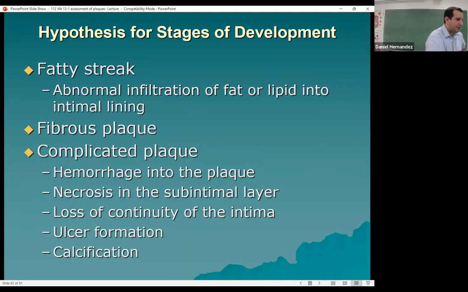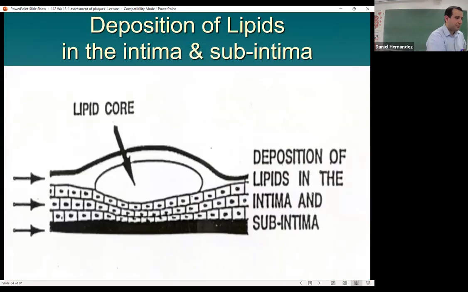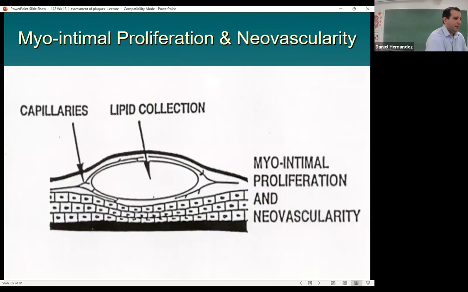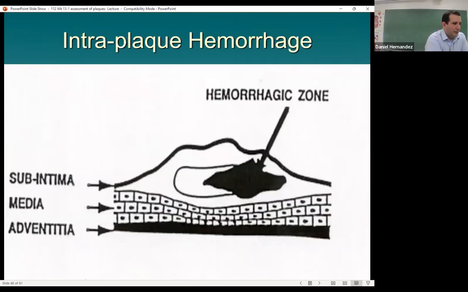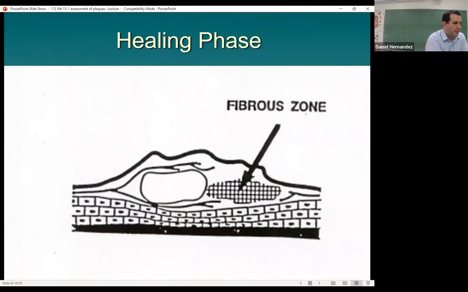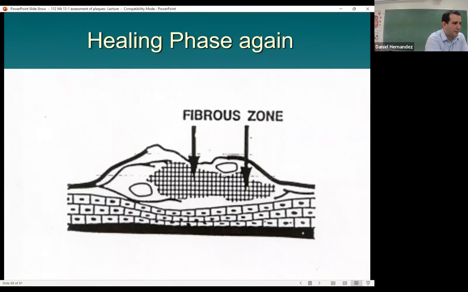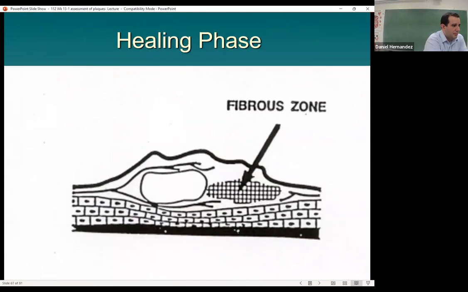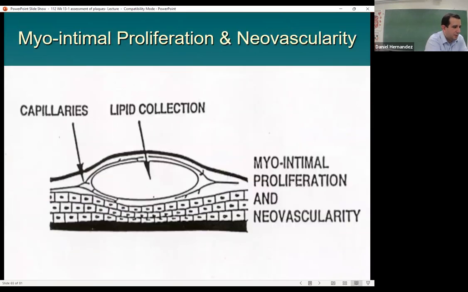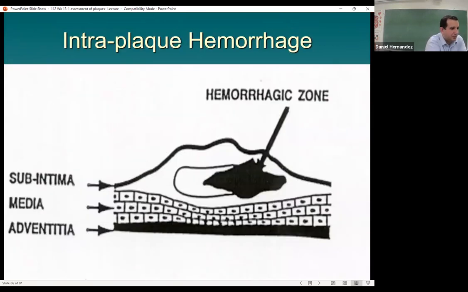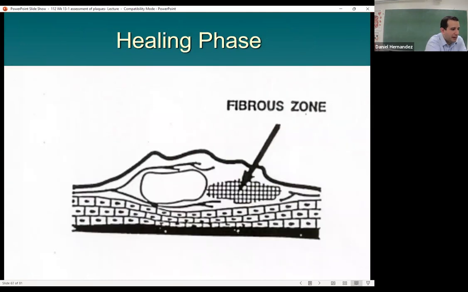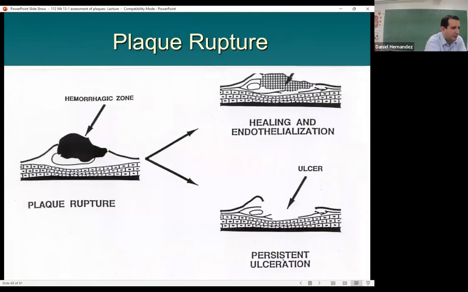Areas of the plaque can become calcified as well. So it's just a constant, repeating cycle of damage and repair that eventually leads to the narrowing of the vessel.